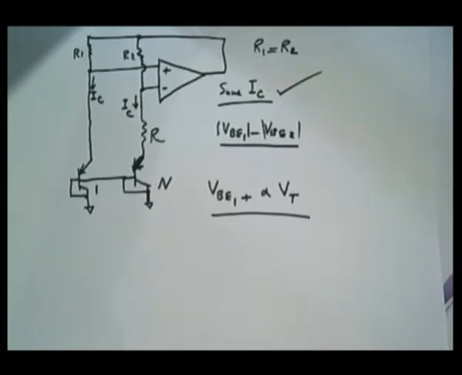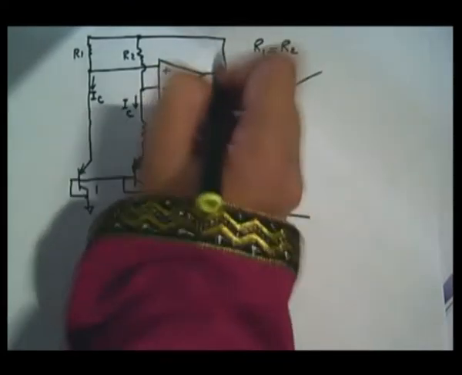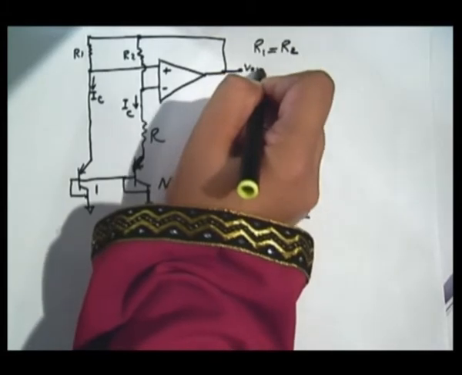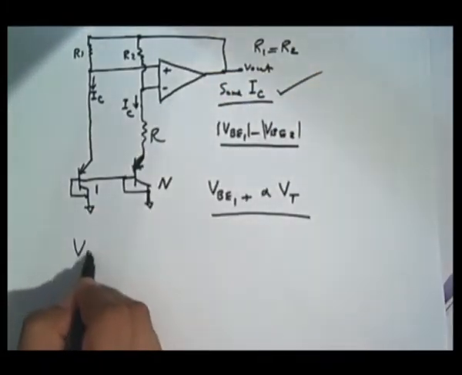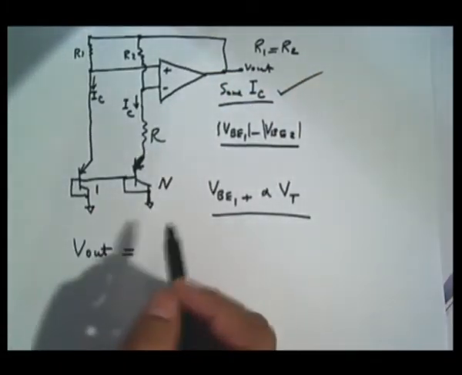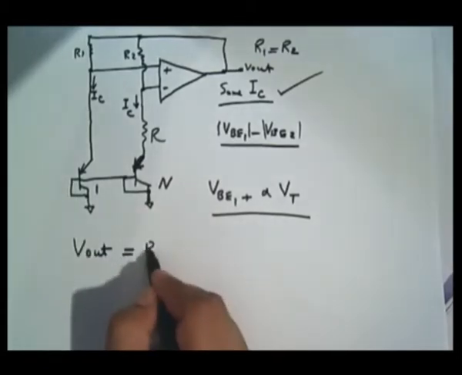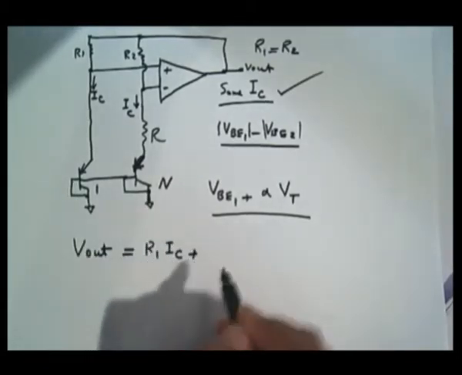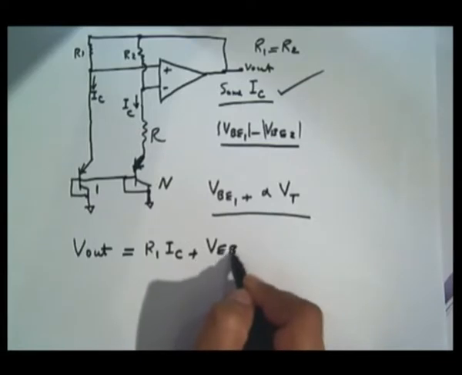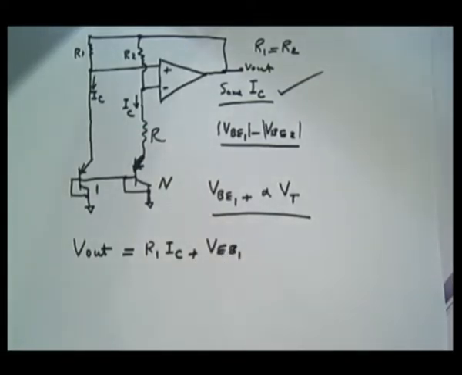Which will be actually our band gap. This we will do, so this is output voltage. Now look at output voltage. V out is equal to R1 IC plus, I write VEB1 because it is a PMOS transistor. And what is IC?